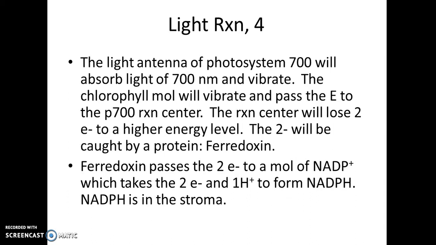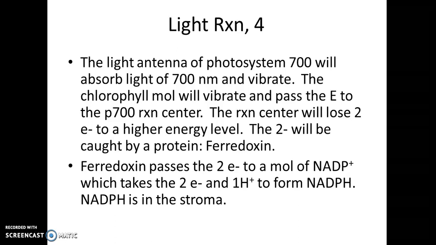Meanwhile, the light antenna of photosystem 700 will absorb a light wavelength of 700 nanometers and vibrate. The chlorophyll molecule will vibrate and pass the energy to the reaction center. The reaction center will lose 2 electrons, the 2 electrons it got from the electron transport chain, to a higher energy level. The 2 electrons will be caught by a protein called ferredoxin.